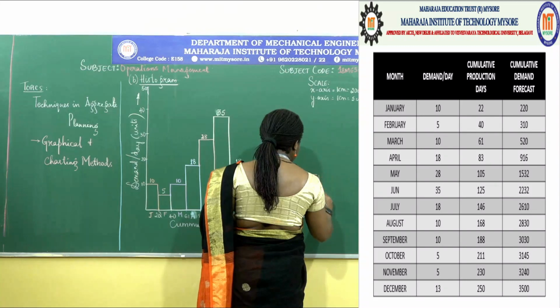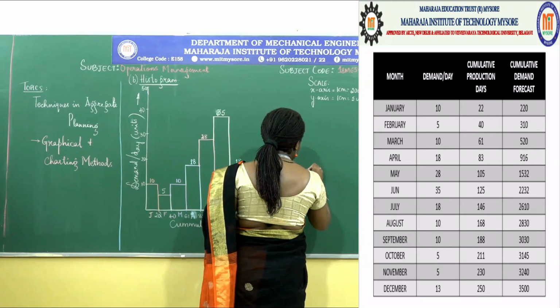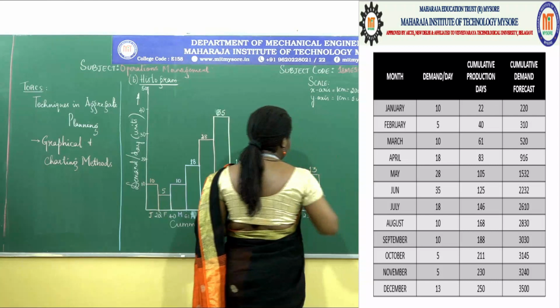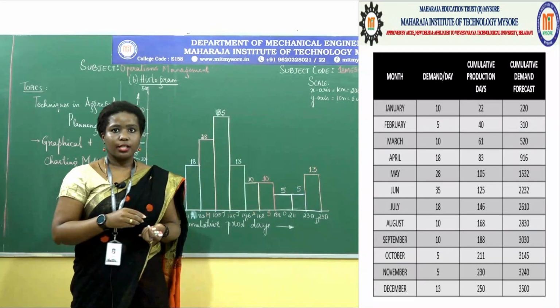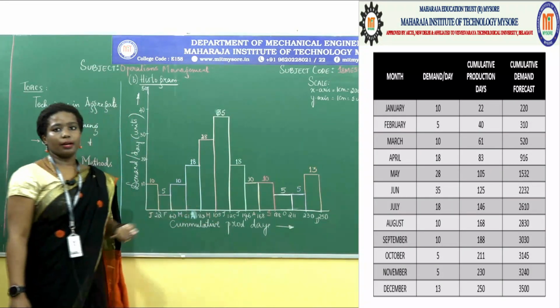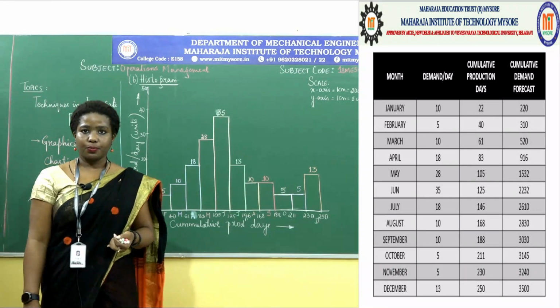Cumulatively, we would have worked for 250 working days. So this is the demand histogram for the product that we are referring to.